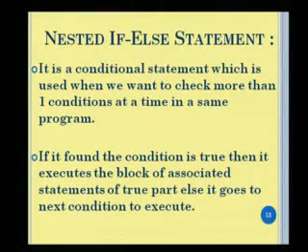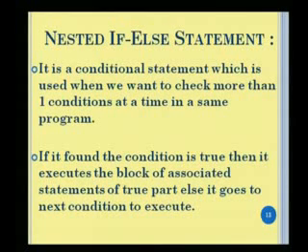The next topic is nested if else statements. Now what happens when one or more conditions are to be checked? Okay, what happens in nested if? It is a conditional statement which is used when we want to check more than one condition at a time while executing a program.